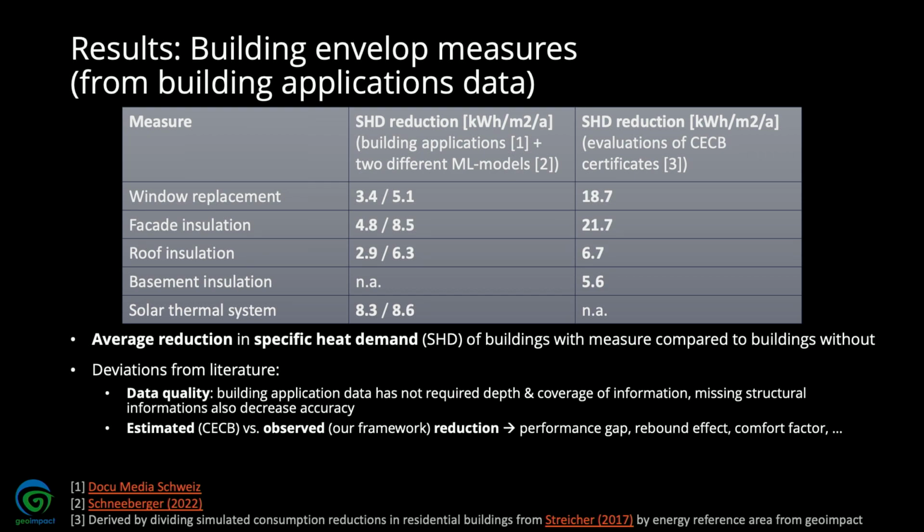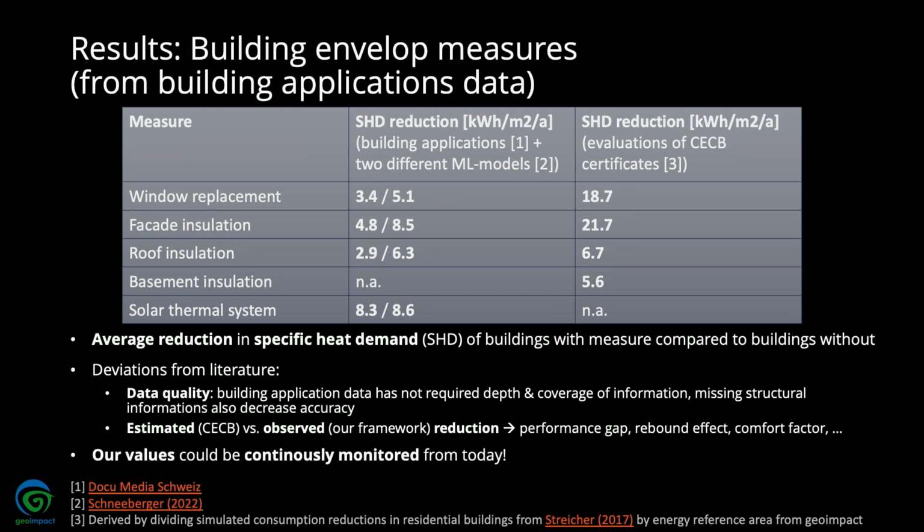But then the other effect, if the data could be trusted, is what we have now observed. So our columns are observed data versus the literature values, which are based on future estimates. And so then, ideally, the deviation would be only due to performance gap, rebound effect, comfort factor, and so on, what we would actually be interested in.